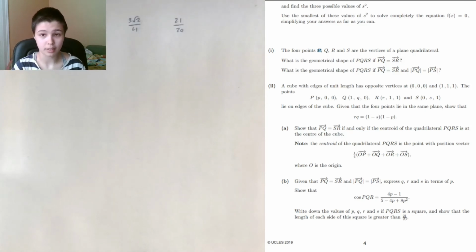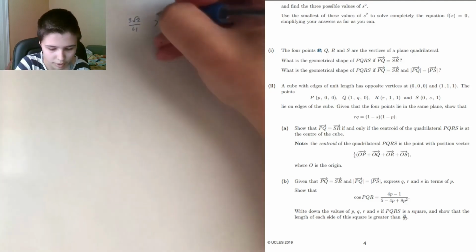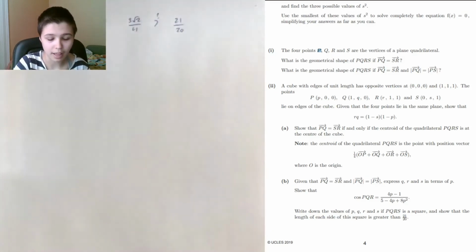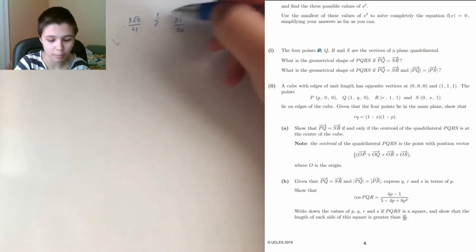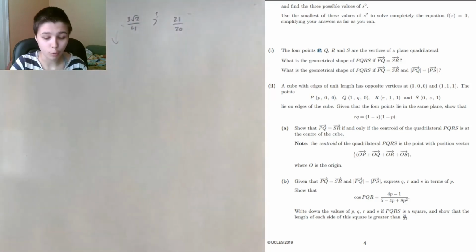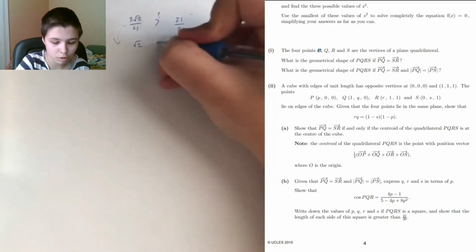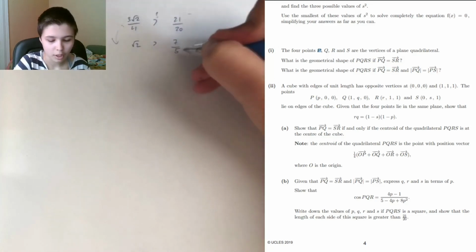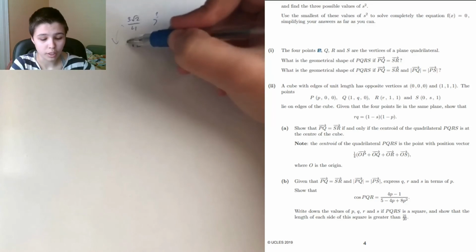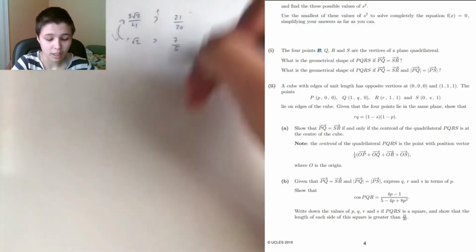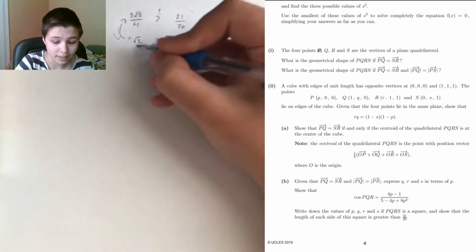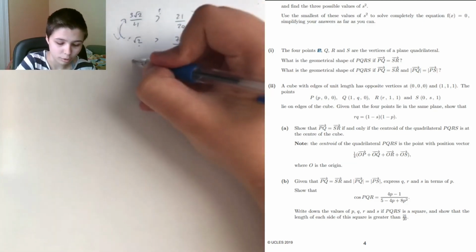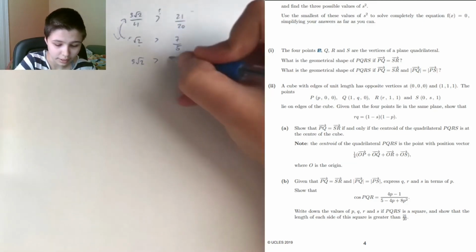And we want to show that this is larger than 21 over 20, and to do so, let's multiply both sides over here by 4 divided by 3. We get root 2 larger than 7 over 5. So if this is true, then this will be true as well. And multiplying by 5, this statement is equivalent to 5 root 2 is larger than 7.